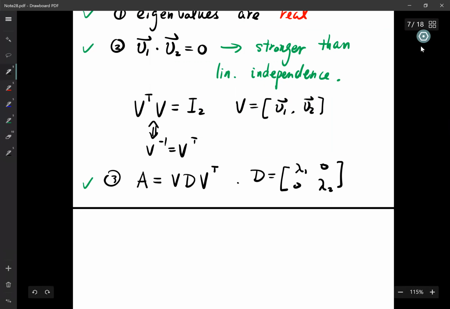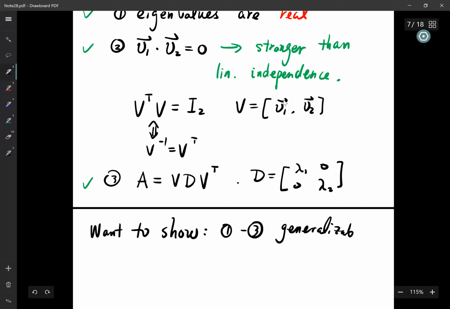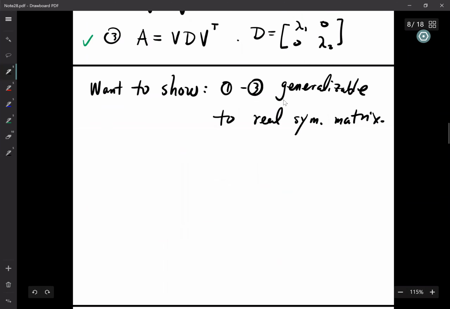We want to show that observations 1 to 3 are generalizable to real symmetric matrices. First one: eigenvalues must be real.